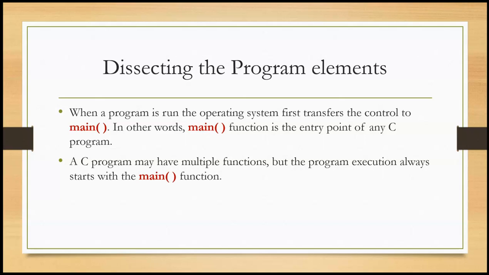When a program is run, the operating system first transfers the control to the main function. In other words, main function is the entry point of any C program. A C program may have multiple functions, but the program execution always starts with the main function.